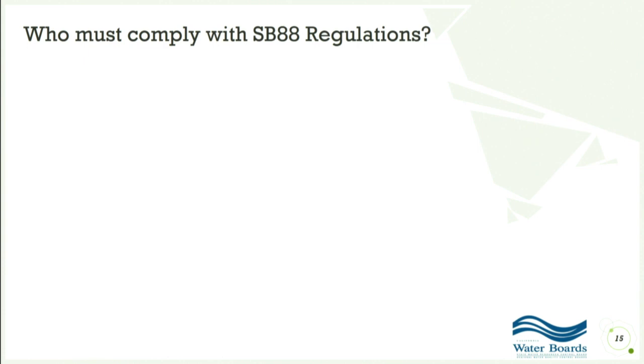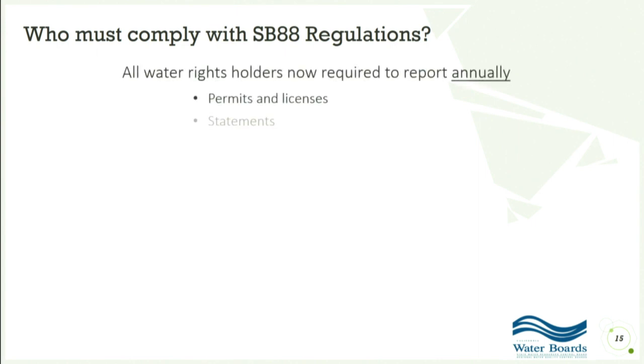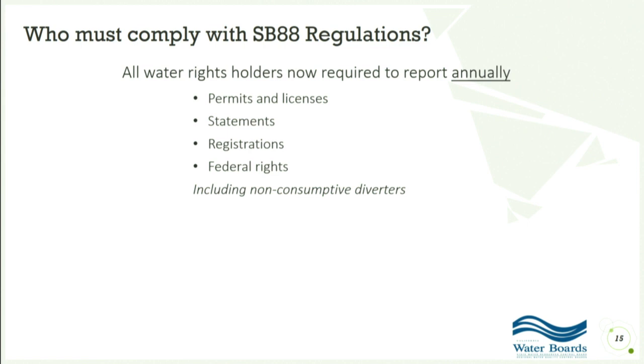Okay, so who must comply with the SB 88 regulations? Kind of repeating this, but all water right holders are now required to report annually: permit and license holders, statement holders, registrations, federal rights holders. And these include non-consumptive diverters such as flow-through power plants.